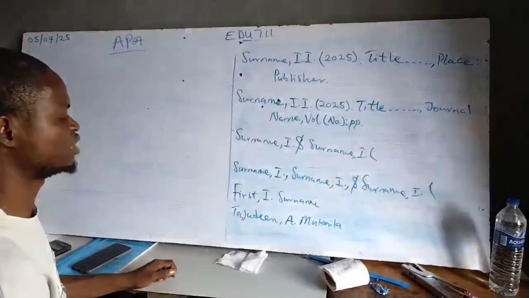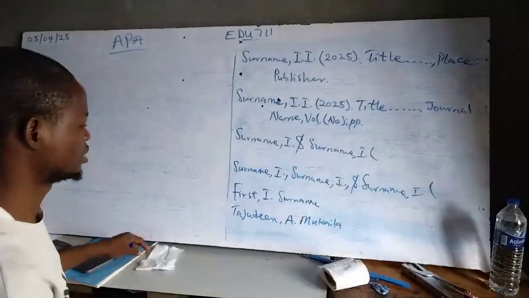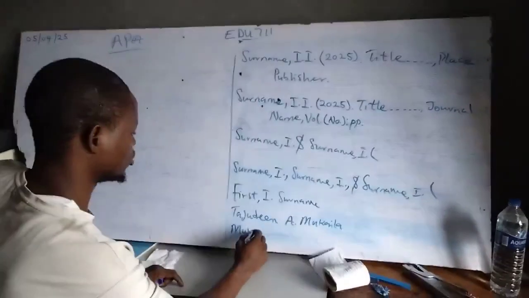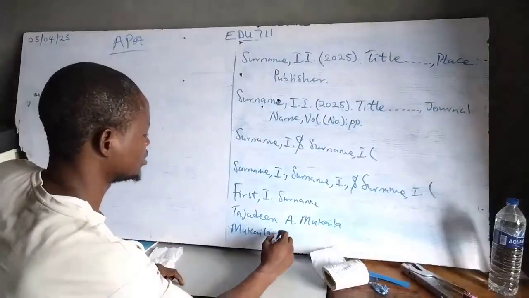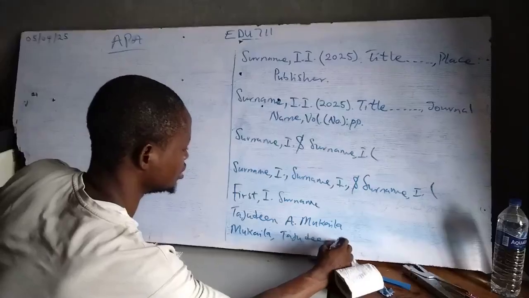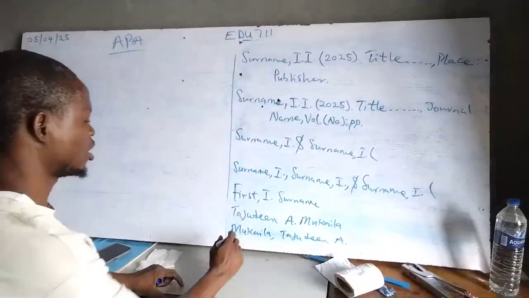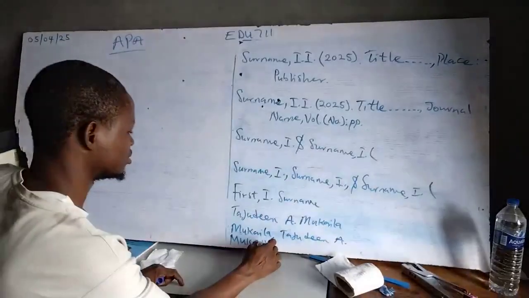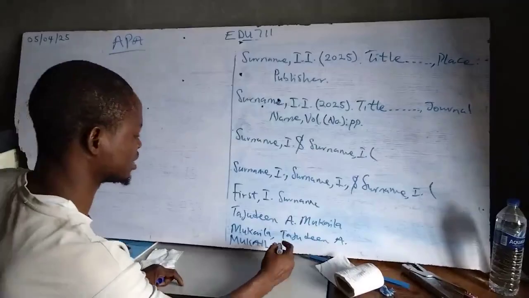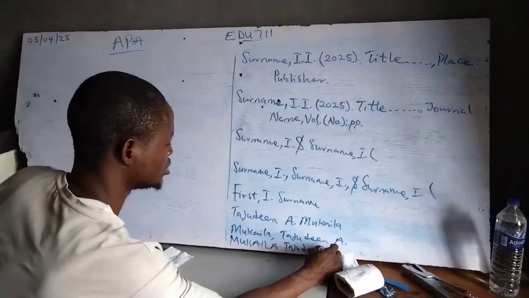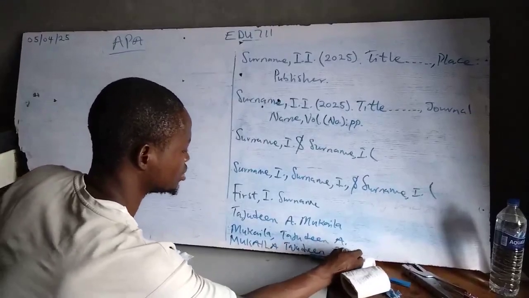But if I'm writing my surname first, I will have to write Mukaila, comma, Tajuddin, Akolade. Or I write MUKAILA in uppercase, with no need for comma in that case, then Tajuddin in title case, Akolade in title case.